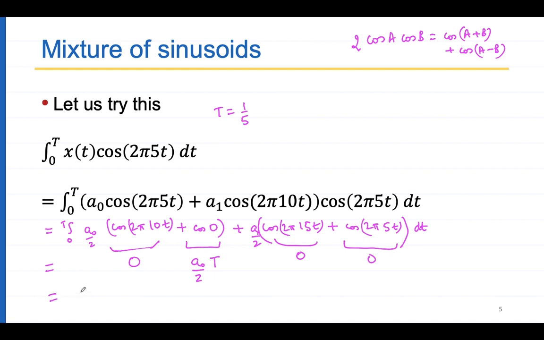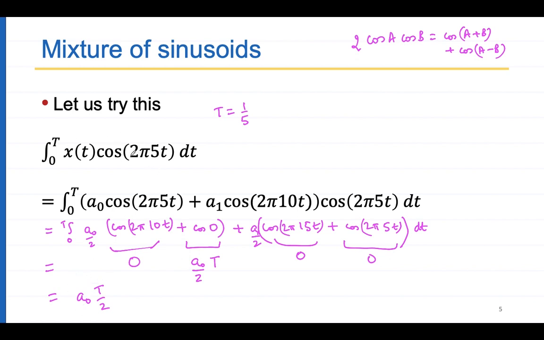This is equal to A0 times T by 2. Basically what I have seen is that I do not need the explicit form of x(t) to compute this. If I know the signal x(t) and I know this signal which is induced by me, I can estimate the value of A0.